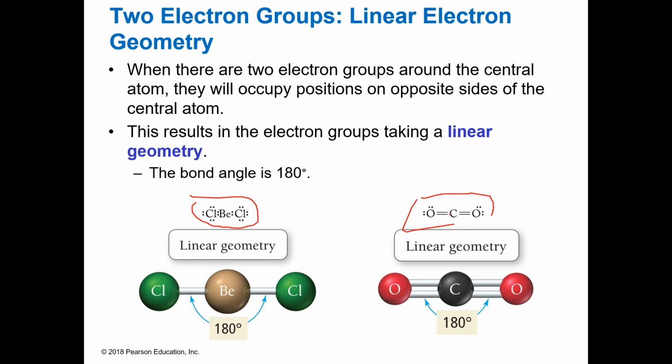So each one of our central atoms has 2 electron groups. When I have 2 electron groups, I have what's called a linear geometry, and this is a linear electron geometry. We're going to look at a different type of geometry in chapter 6, but this would be your electron geometry.